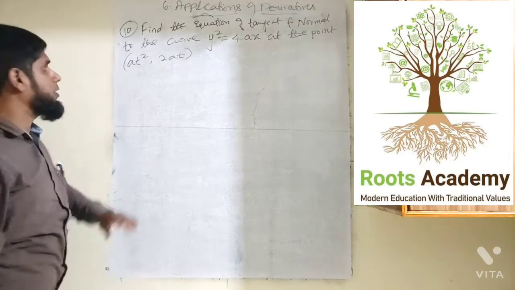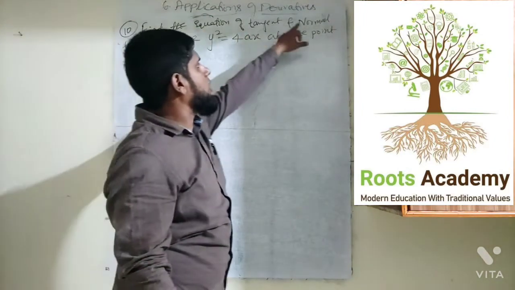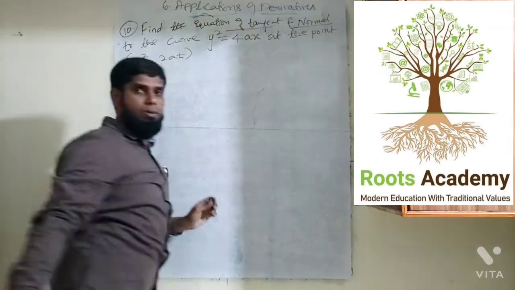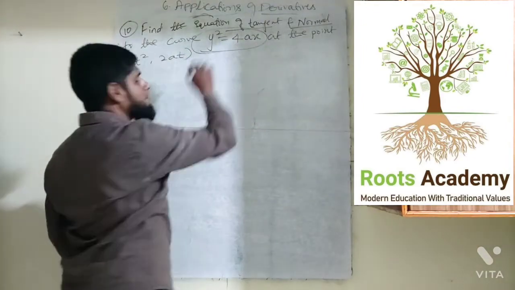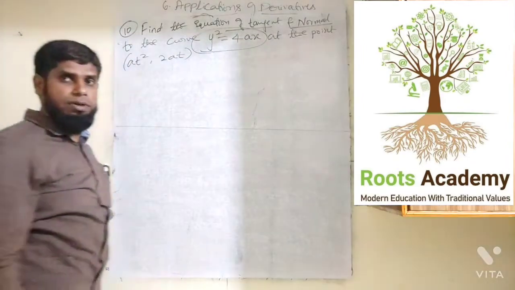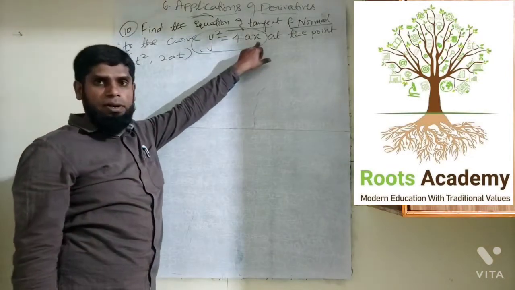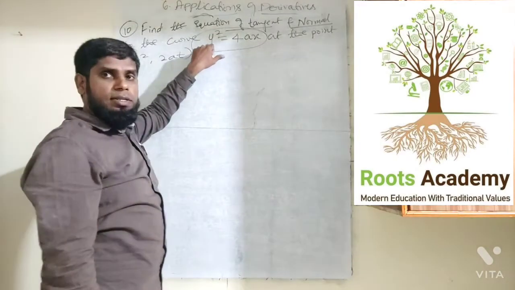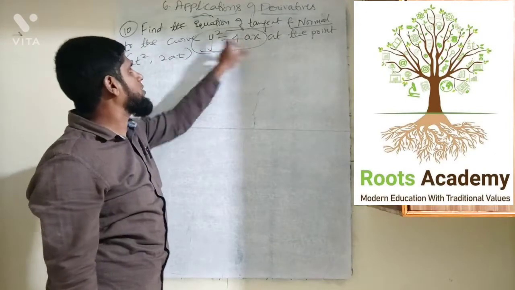Listen, here he is asking us to find the equation of tangent and equation of normal. Same as previous problem. And this time the curve is a parabola. Remember, whenever any one variable has a square, then the curve is called a parabola. There are two variables here, x and y.